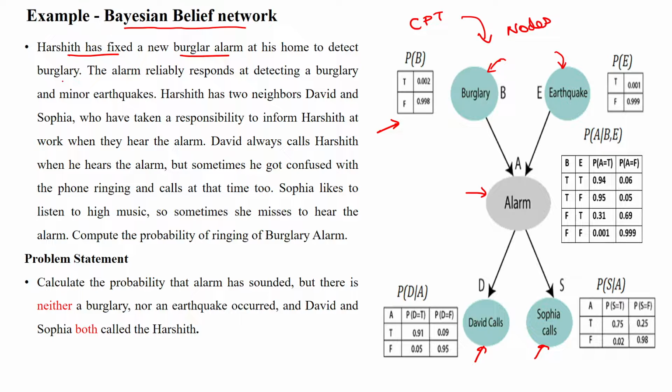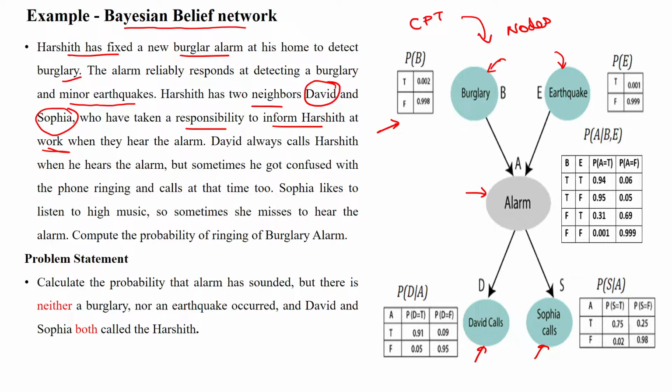So the problem statement: Harshit has a burglar alarm in his home to detect burglary, and it will also detect minor earthquakes happening rarely. Harshit has two neighbors, David and Sophia, who have taken the responsibility to inform him of the alarm ringing sound when he is in the office, because the office and home are far away.